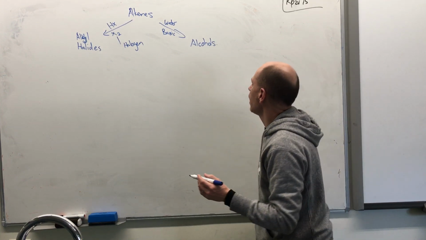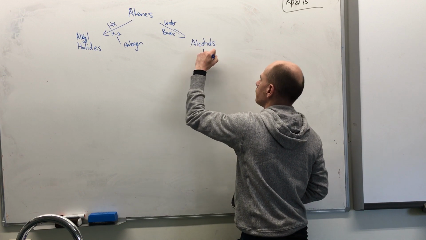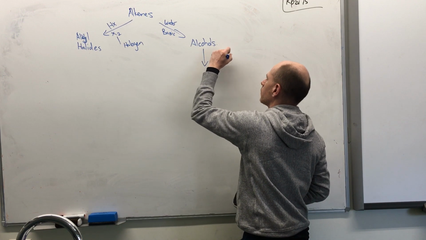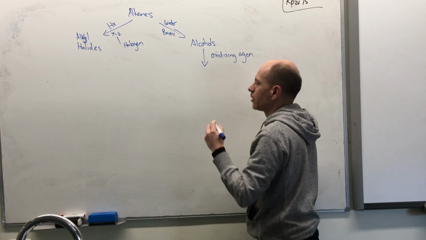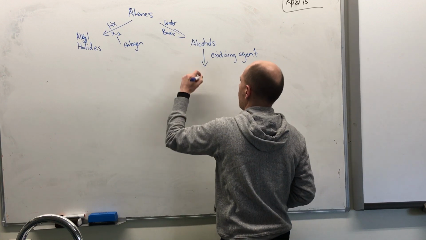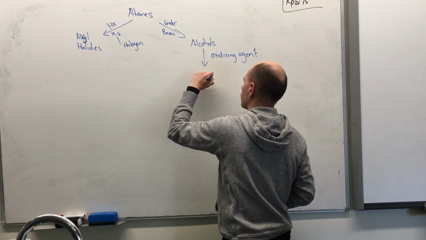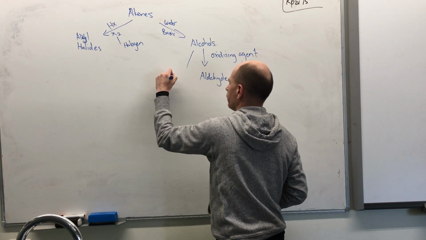So if an alcohol is reacted with an oxidizing agent, it forms either an aldehyde or a ketone.